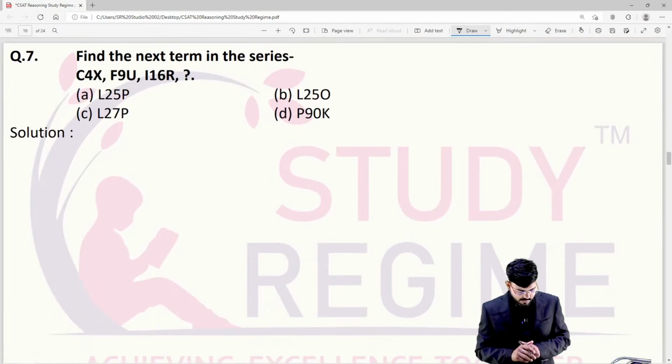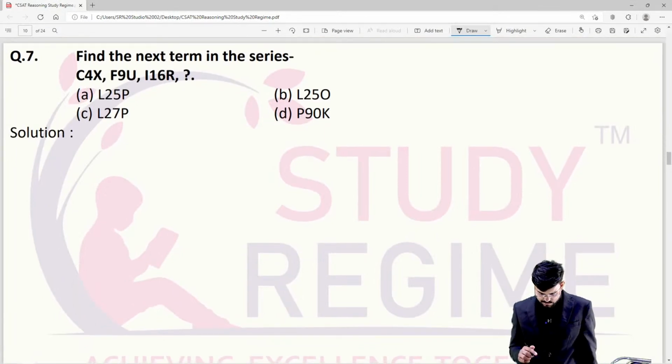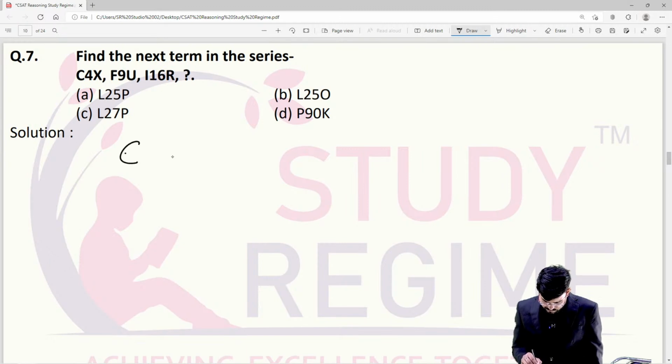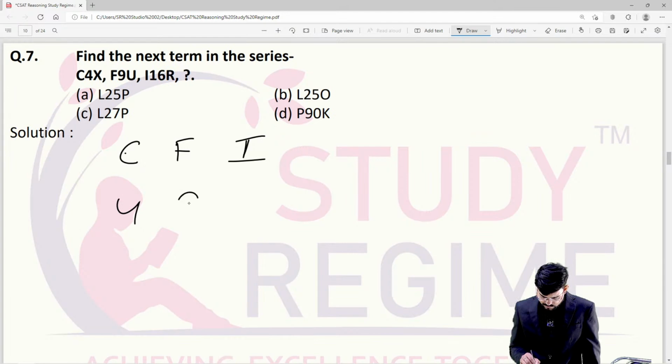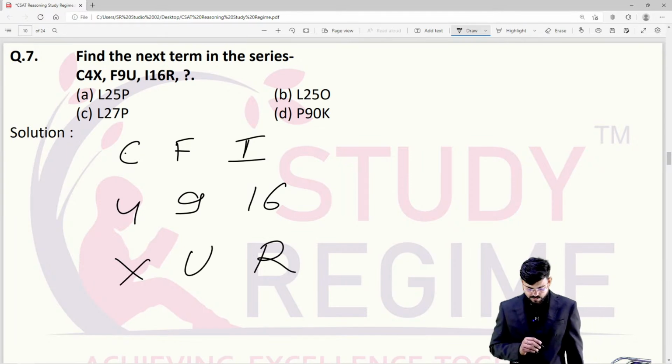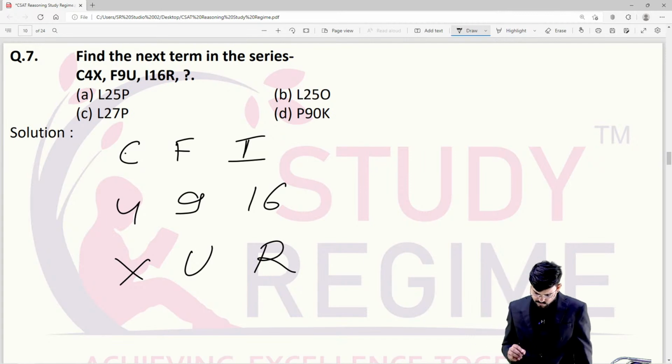Okay. The next one is like this, all similar. I'll break this series again as C, F, and I. C, F and I. The other one is 4, 9, 16. The last one is X, U and R. X, U and R. Okay.